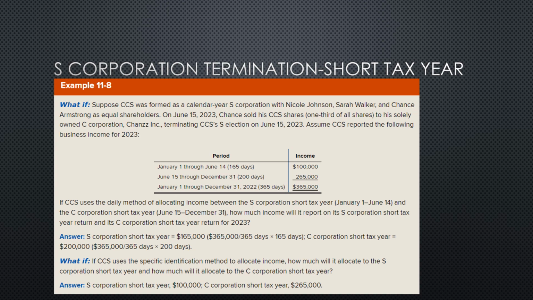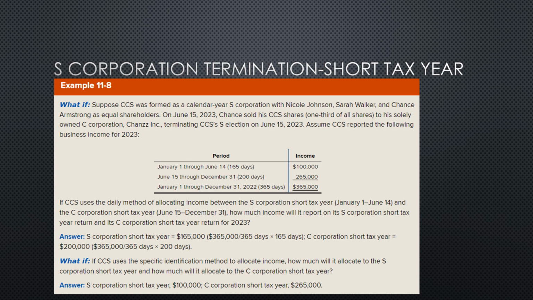So using the daily method, what we need to do is take 165, divide by 365, and then multiply that by the whole income, which is 365,000. So you can see we have 165,000 for the S corporation short tax year. That's because up until June 14th, that's when it was an S corporation.